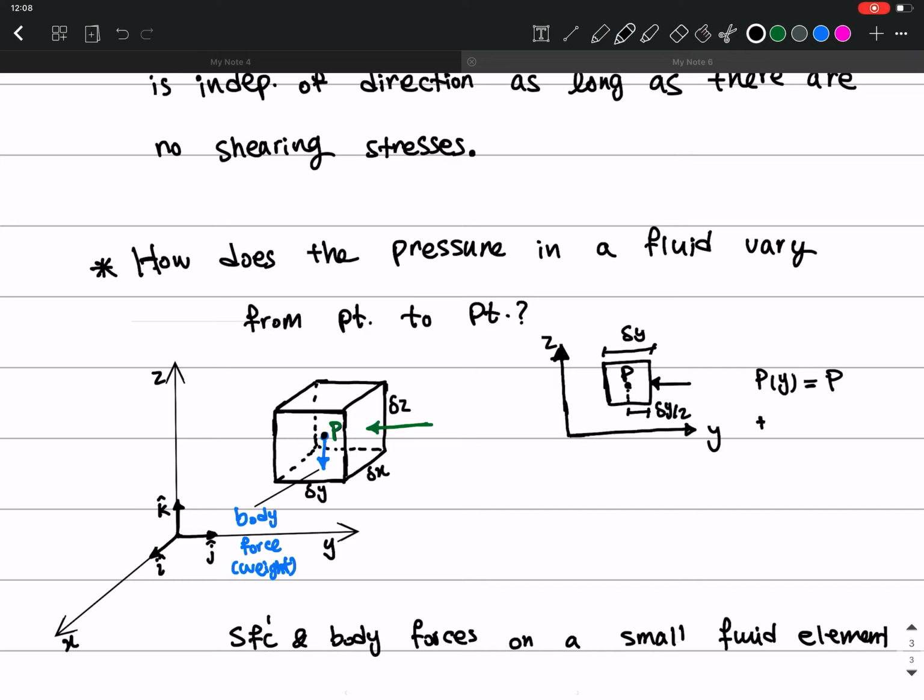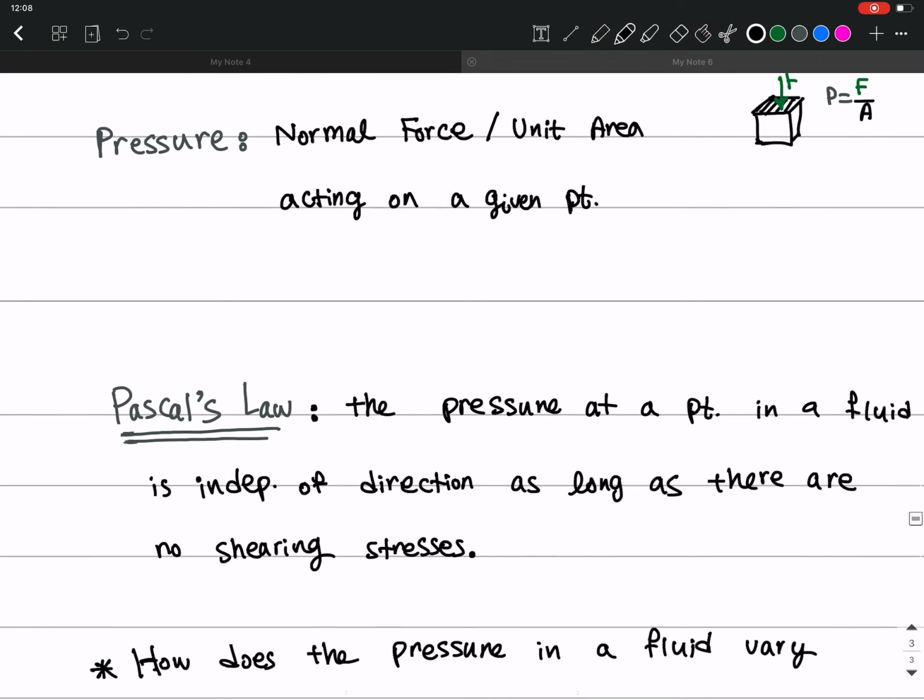So it's going to be P, the pressure at the center, plus what?